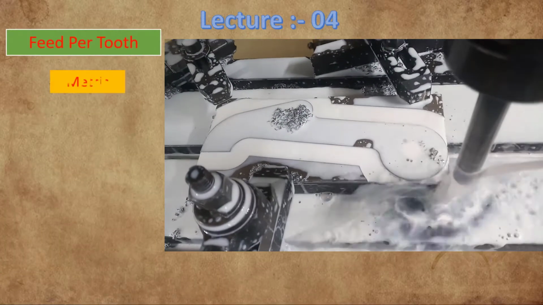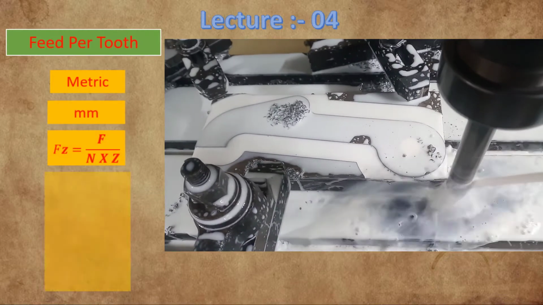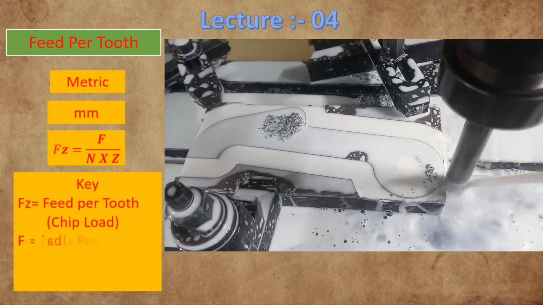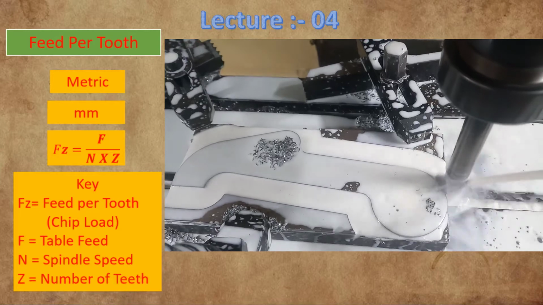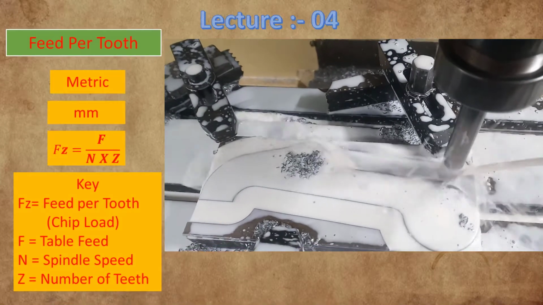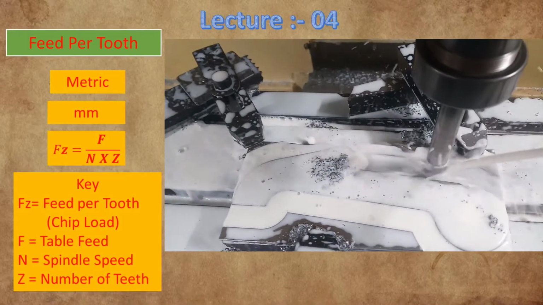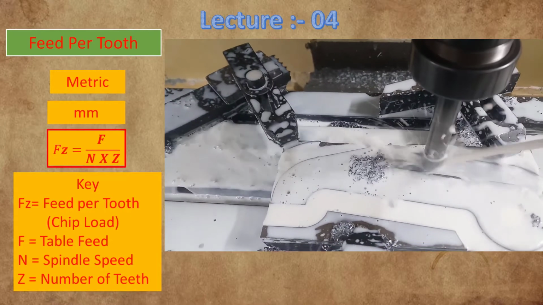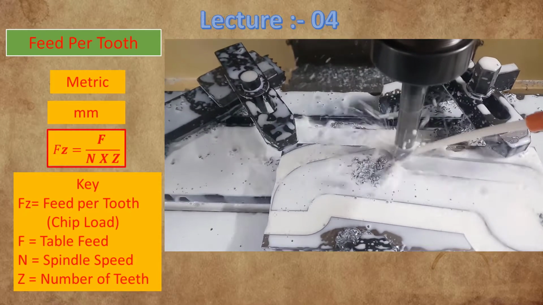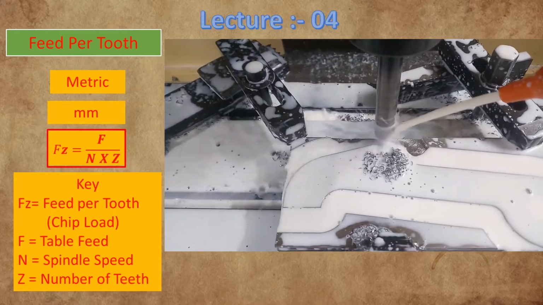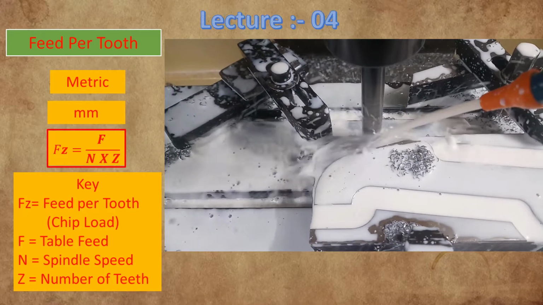Feed per tooth may also be known as chip load, normally abbreviated to CL, but again you may see this abbreviated to different things. Our equation for feed per tooth looks like this: feed per tooth, represented by Fz, equals our table feed F divided by our spindle speed times the number of teeth.